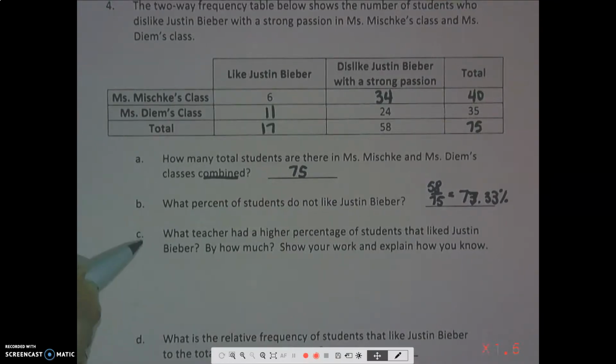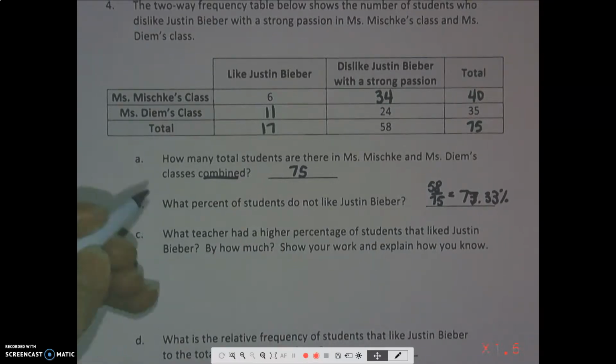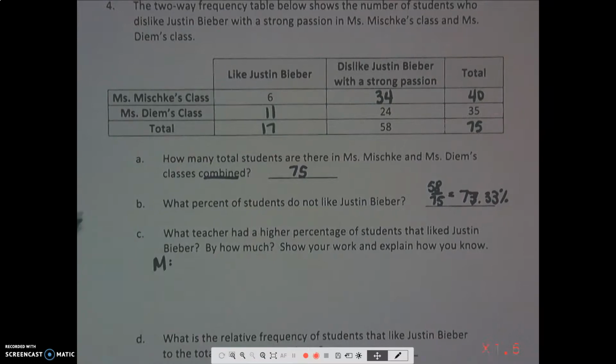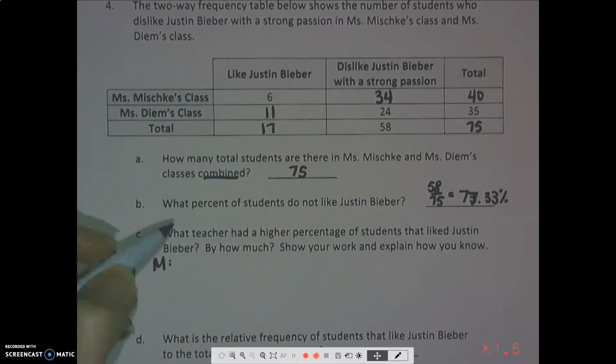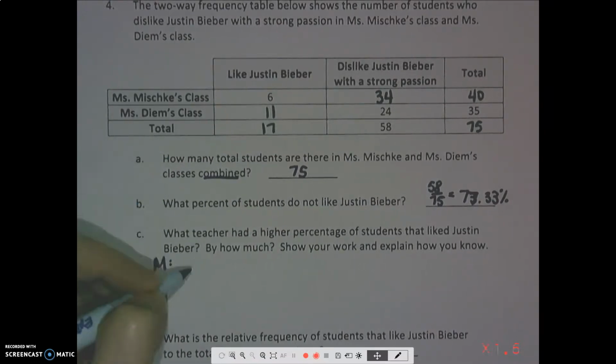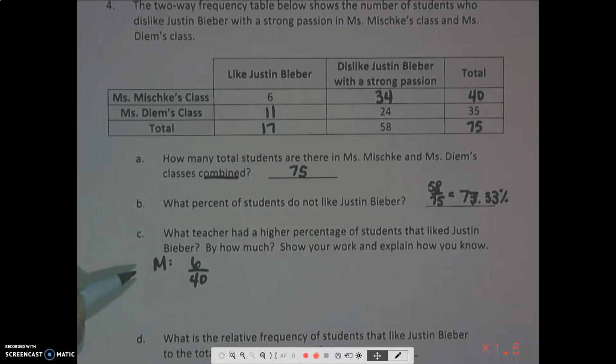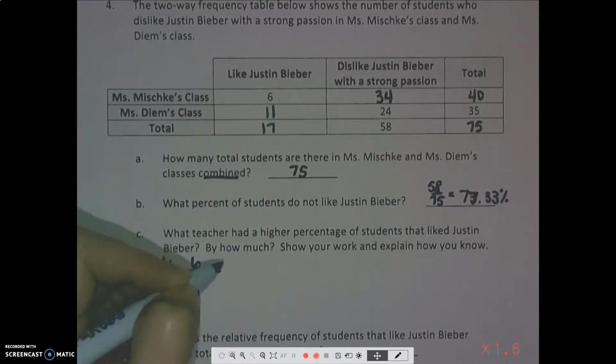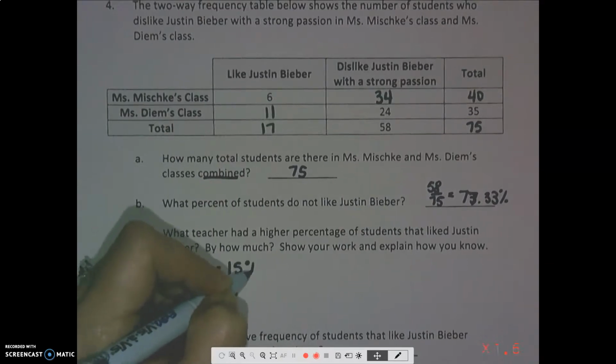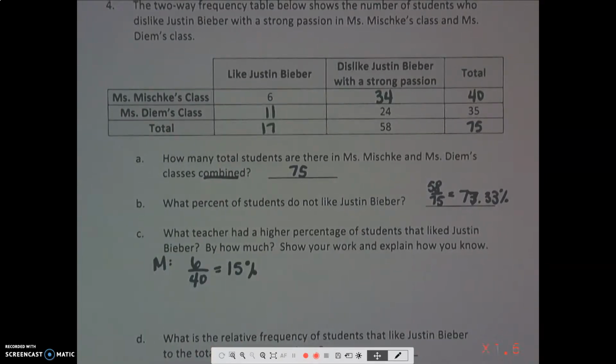All right, part C, what teacher had a higher percentage of students that liked Justin Bieber and by how much? So I'm going to put an M for Miss Mishke's class. She had 6 out of her 40 that liked Justin Bieber. So she had 15%, and that's 15% exactly for Miss Mishke.